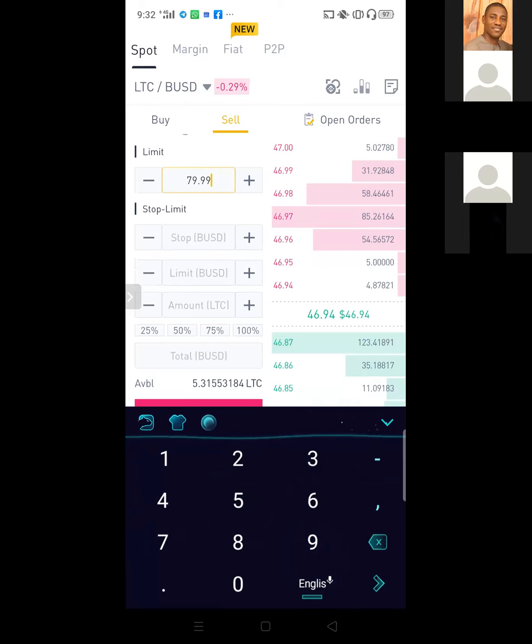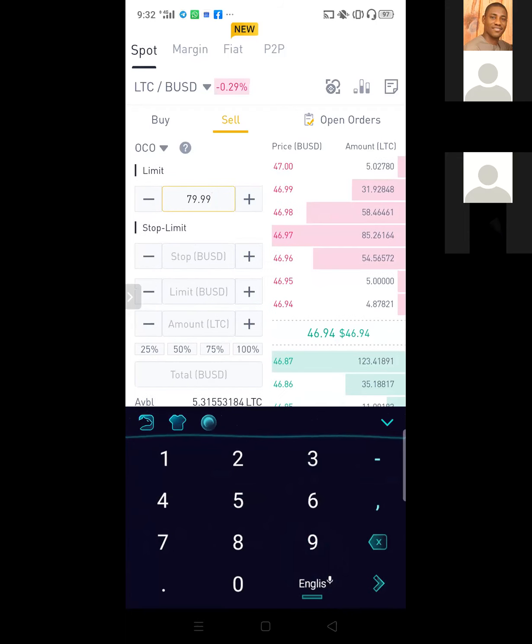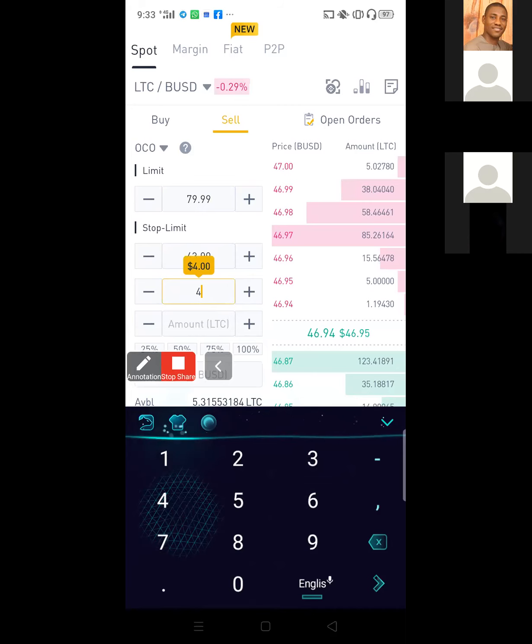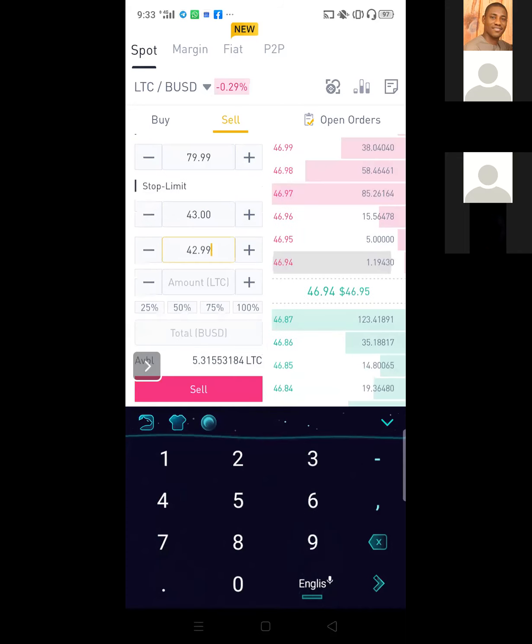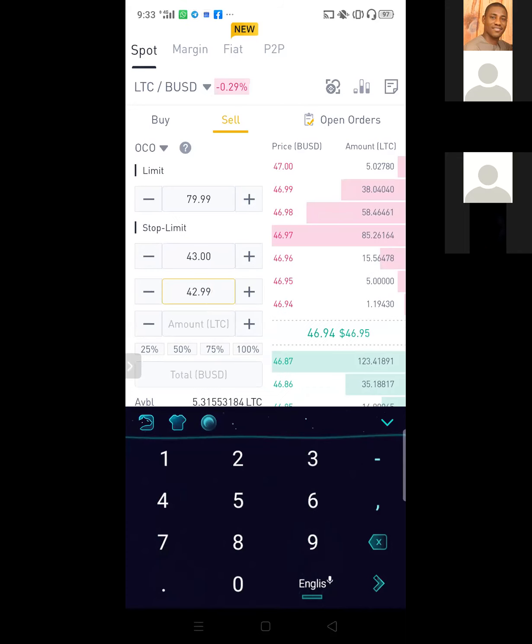Now, if there's a reversal in the market, remember I got in at $30, but now the price of Litecoin is 46. But if it tries to drop to say $43, please take me out at 42.99. And how many of your coins do you want to take out? Everything, 100%. Take all my coins out.